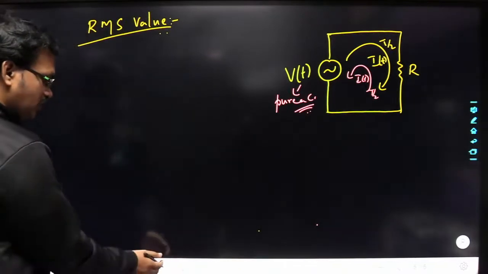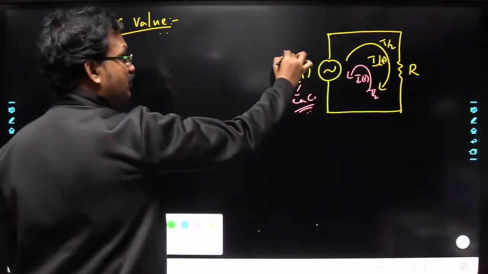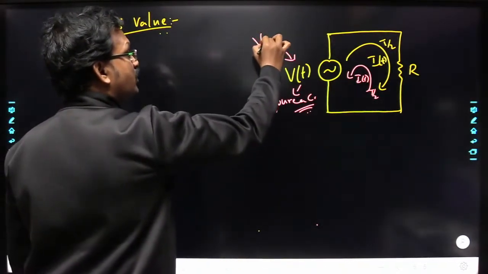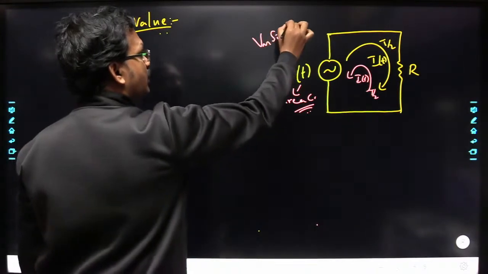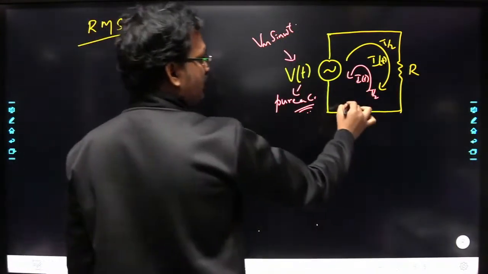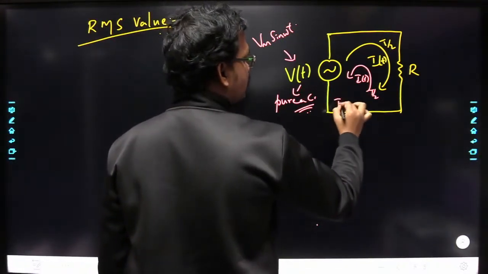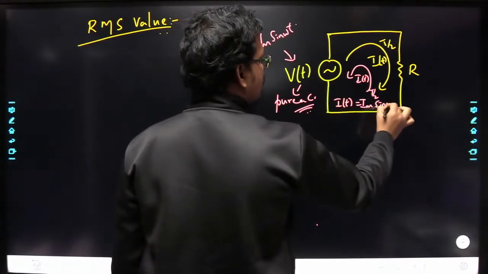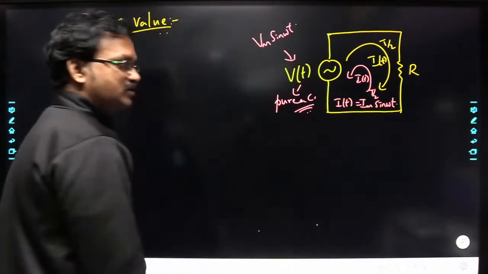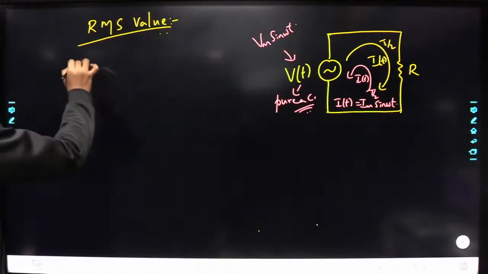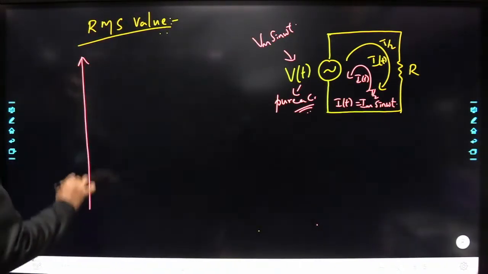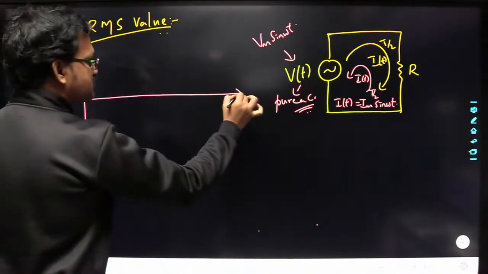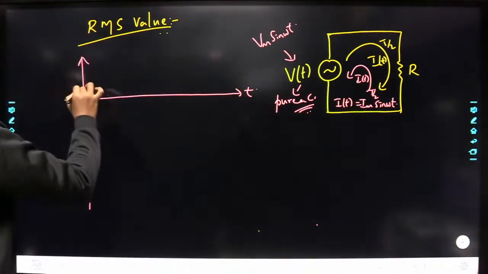So now here let us consider V of t is equal to Vm sin omega t, and I of t is equal to Im sin omega t. Right. So now if you try to draw the signals here, let us say this is t.